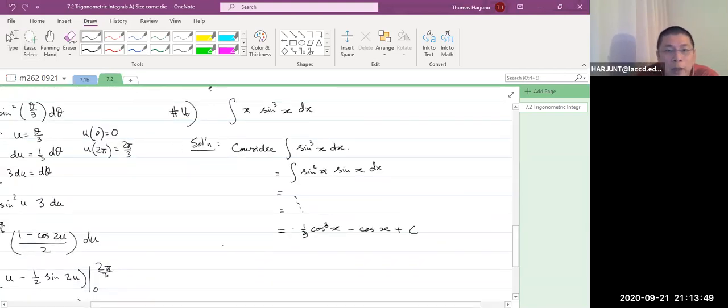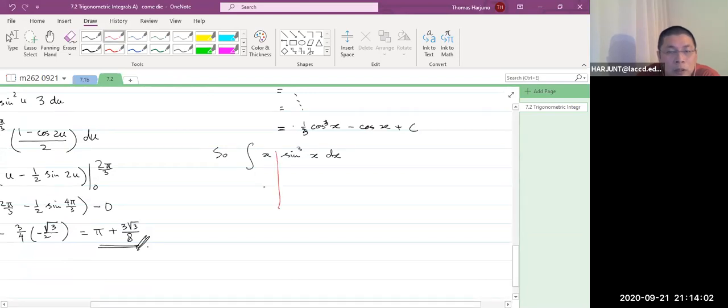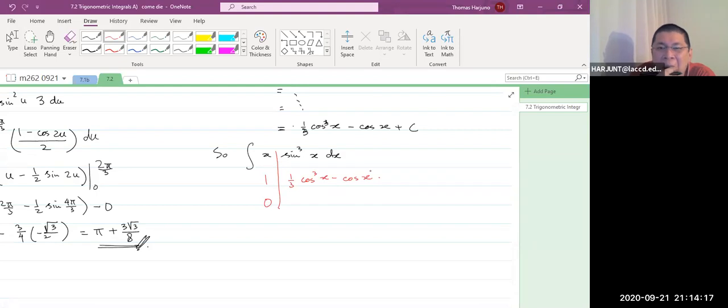So, going back, integral of x sine cube x dx. Do integration by parts. This is 1, this is 0, this is 1/3 cosine cube x minus cosine x. Is that what I want to do?